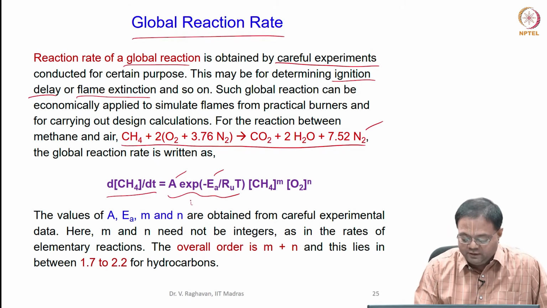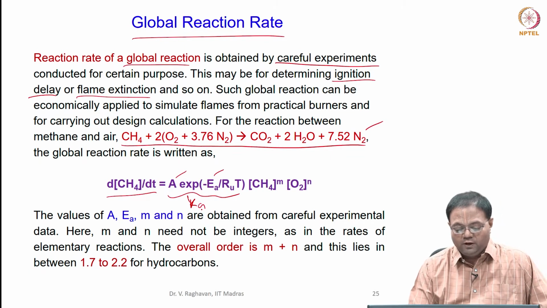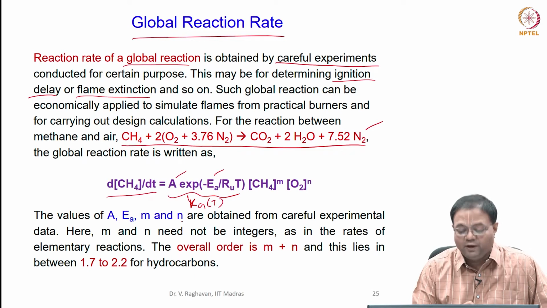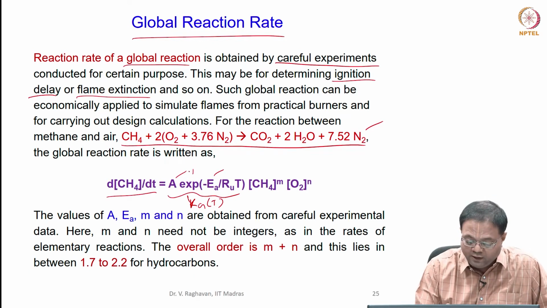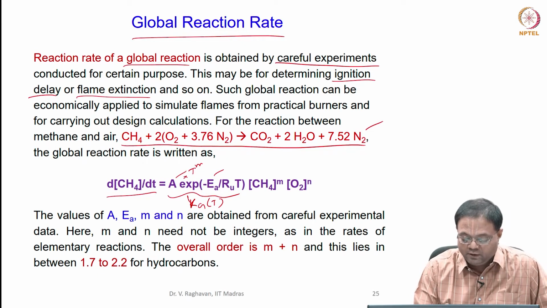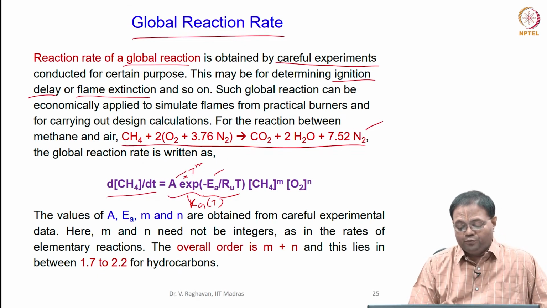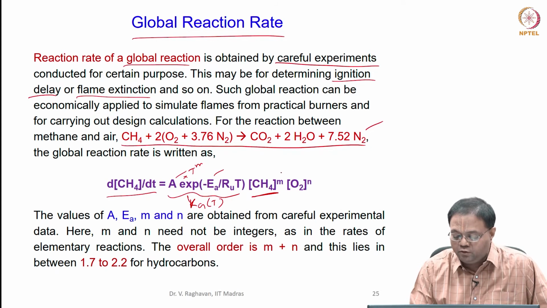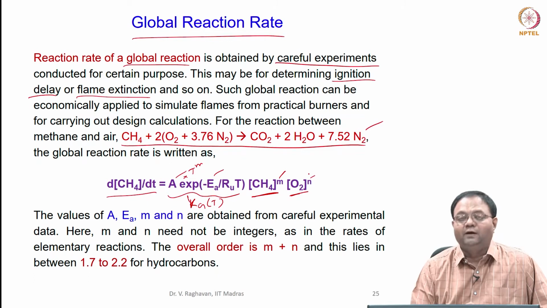This is the Kg, the global rate coefficient, which is a strong function of temperature as you see here. If you want, you can also add T to the power m and multiply it here. Then the concentration of methane to the power m and the concentration of oxygen to the power n.